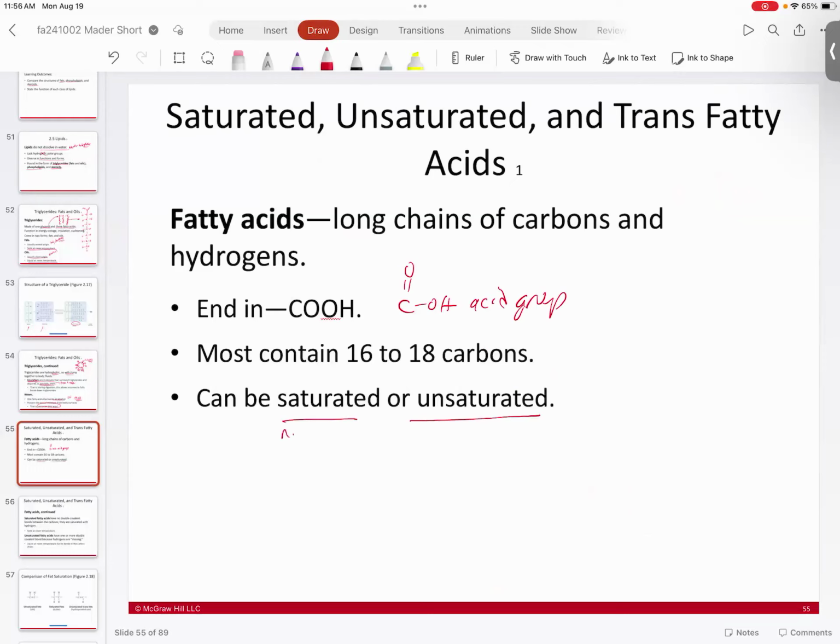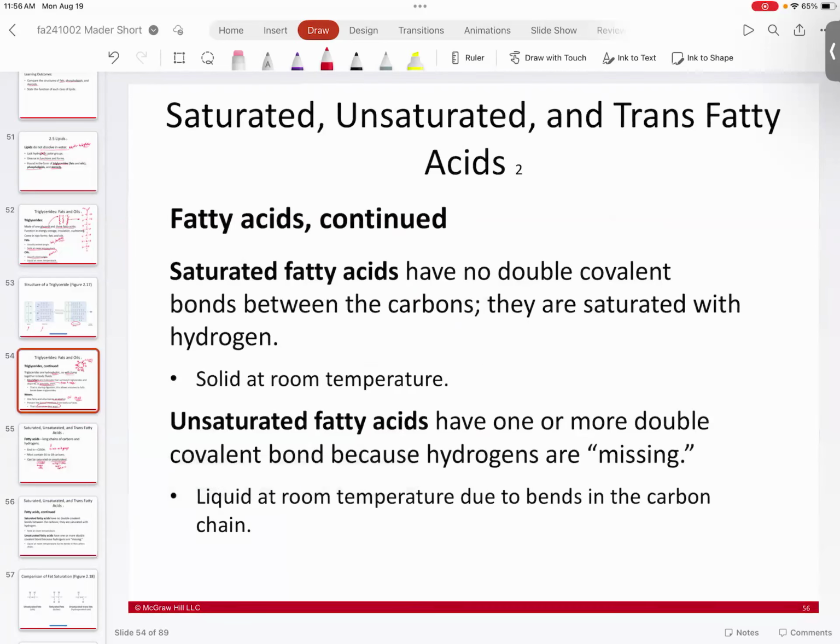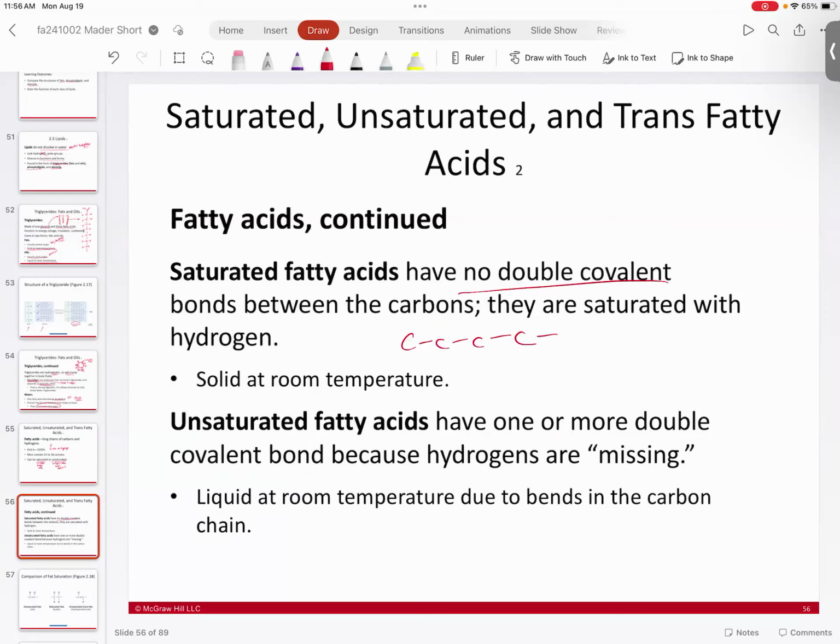Saturated basically means there are no carbon double bonds in it, and unsaturated means there are one or more carbon double bonds in it. So in a saturated fat, you have all single bonds.